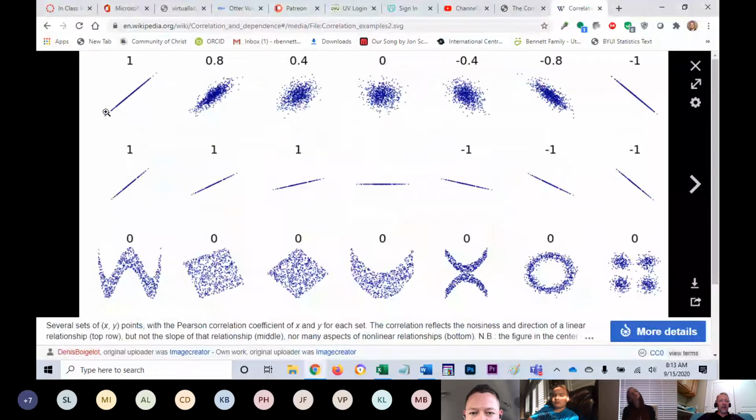If you took a variable and correlated against itself, it would be a perfectly straight line. This is -1 over here, also a perfectly straight line. You can see, so this middle line here, it doesn't really have to do a slope necessarily. You can see these all have a slightly different slope. They're all perfectly correlated. These are negatively correlated.